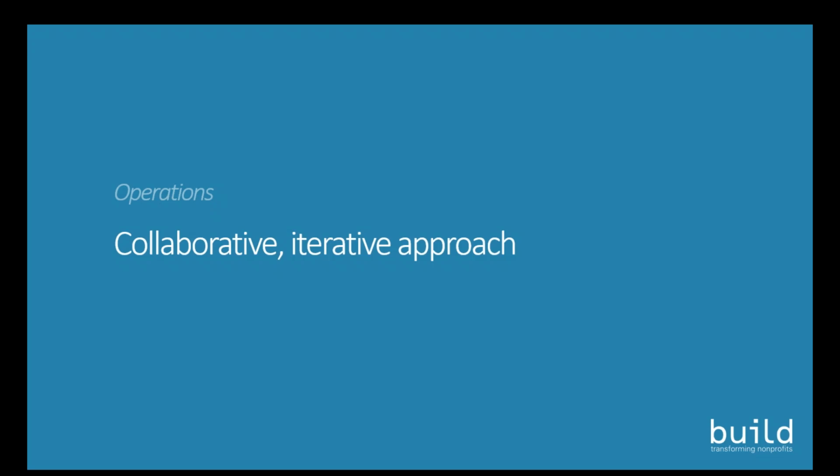Introducing an agile approach to an organization that's unused to working in that style can be a major culture clash that causes projects to get bogged down or collapse entirely.